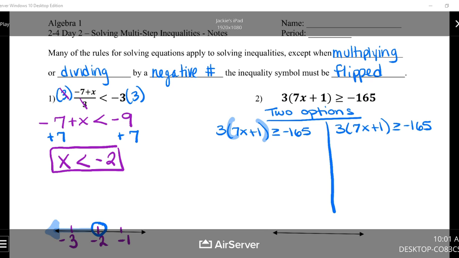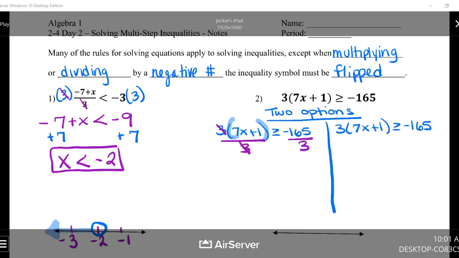That helps keep the coefficients and the numbers in the inequality smaller, and it kind of makes it one less step to solve. So this is a good idea because 165 is a multiple of 3. So we know if we go and divide both sides by 3 to start, we know the right side will be a whole number.